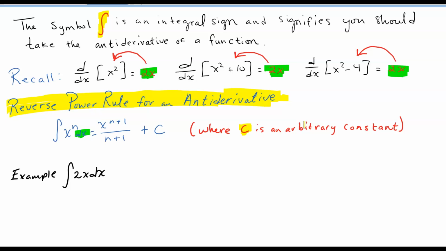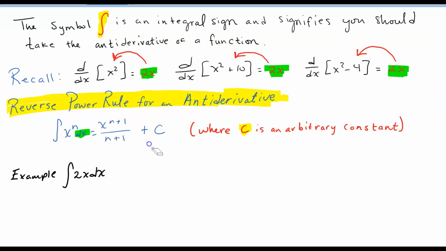It may not be exact, but it's the family of functions. So that's the necessity for the arbitrary constant c, and that's why I illustrated the x squared with various numbers attached to it and took the derivative. The derivative was all the same, but it's not entirely the same when you take the antiderivative, and the constant of integration is how we address that, the plus c, if you will, in the formula.